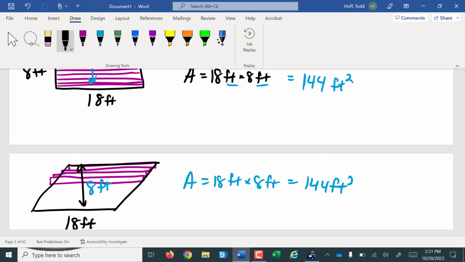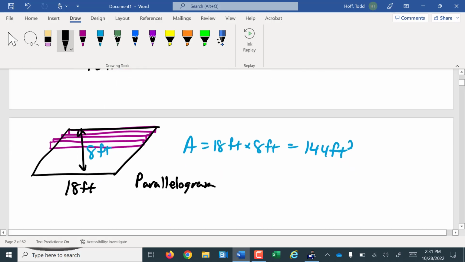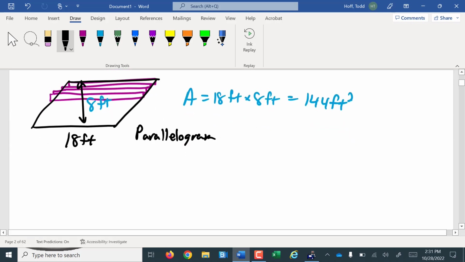So this shape here is what's called a parallelogram. And the area of the parallelogram, just like the area of a rectangle, is a length times a width, as long as that width is taken at a right angle like that.